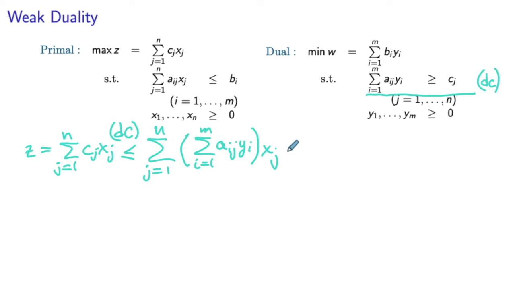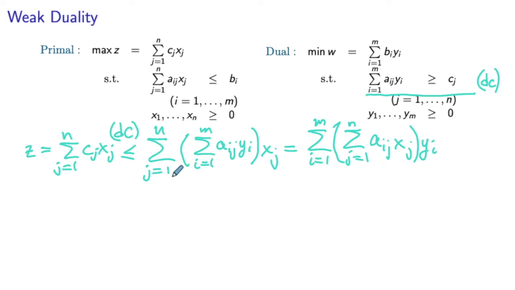So I can say that this is the same as the sum over i between 1 and m, and then the internal sum will be the summation over j's between 1 and n of aij's xj's, and then multiplied by yi's. It's actually the same sum as before, we just wrote it differently, right?